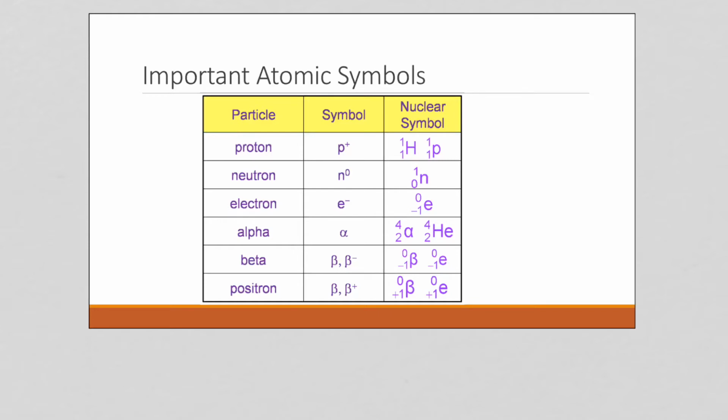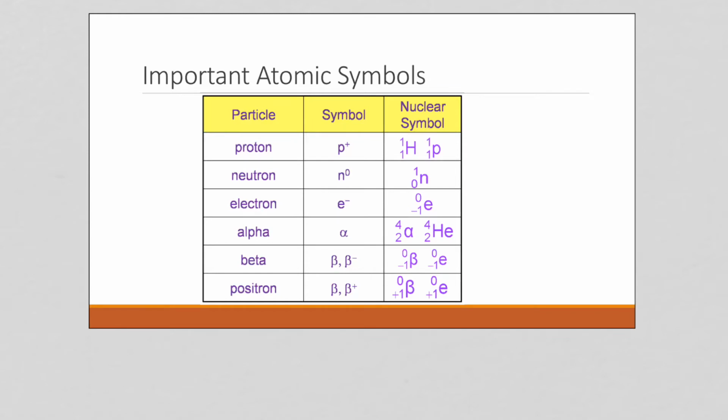So we have protons. Sometimes we'll write protons like a P with a positive charge, but you will also see protons symbolized by a nuclear symbol, which will be the letter P with a 1 and a 1.